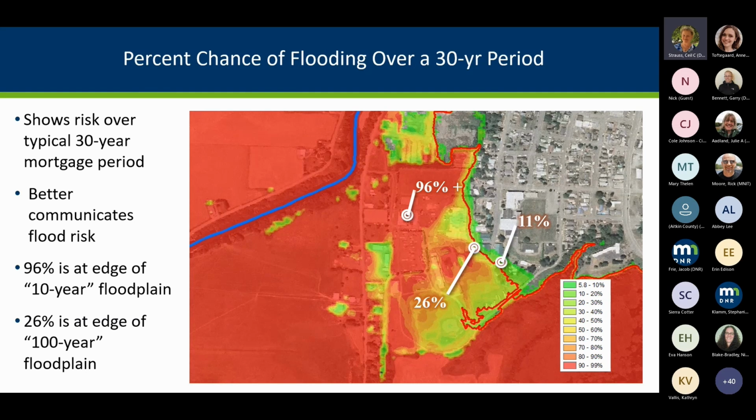And that helps send a different message to people about their risk. But also this person who's in the 10-year floodplain or right on the edge of the 10-year floodplain, they've got a 96% chance of being flooded.